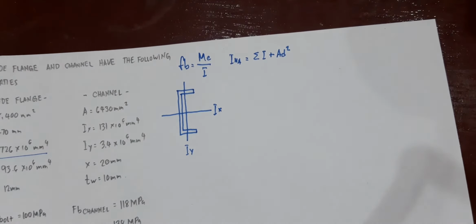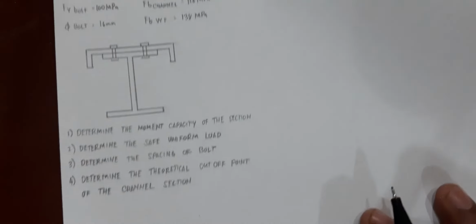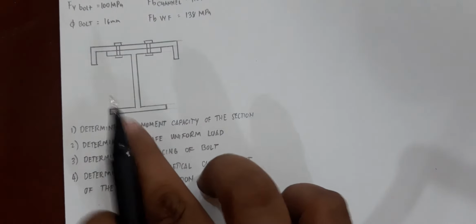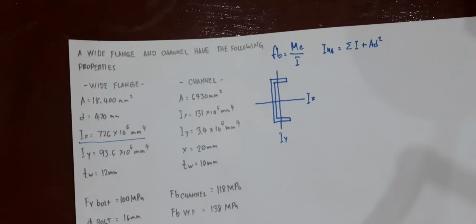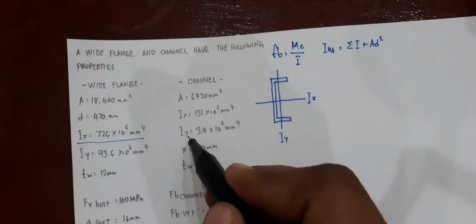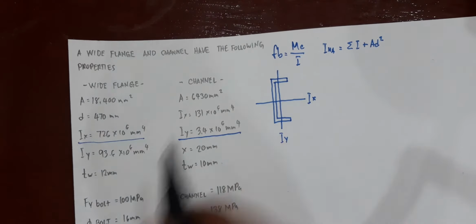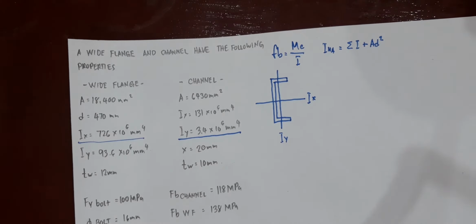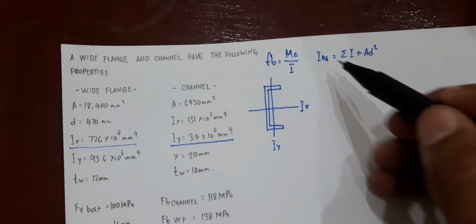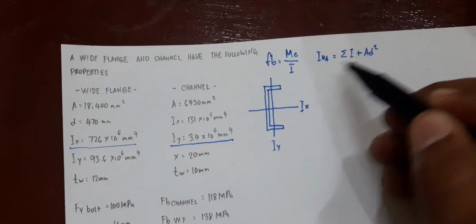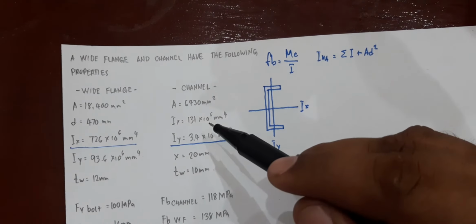So, basically, if this one is reoriented such that it can be a built-up section attached to your wide flange, basically what we will be utilizing in your channel is your IY. Okay? So IX for wide flange and then IY for the channel. So that gives us the values for I for both sections.